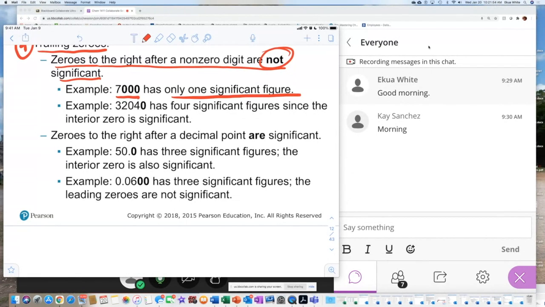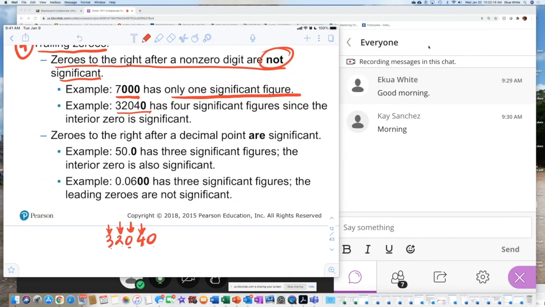Yes, this has one significant figure. Then over here, I'm going to write this number down: 32040. Let's see. This is significant. This is significant. I'm starting with the rules, right? These three numbers for sure are significant. This zero here, because it's sandwiched between two non-zero numbers, is significant.